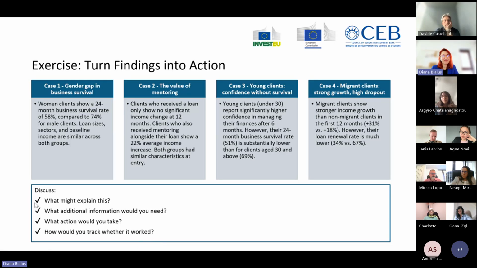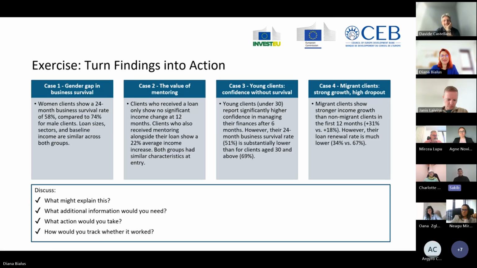Okay, I can take it. Basically, it's about the business survival rate, and why it is lower for women compared to men in the industry. What we discussed is that the root cause depends on person to person, business to business.